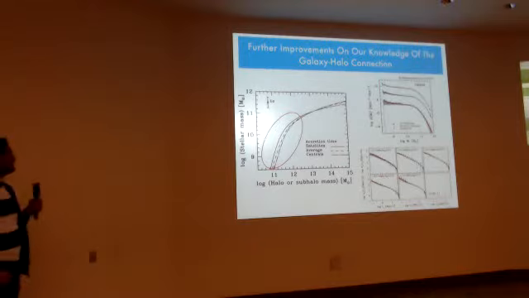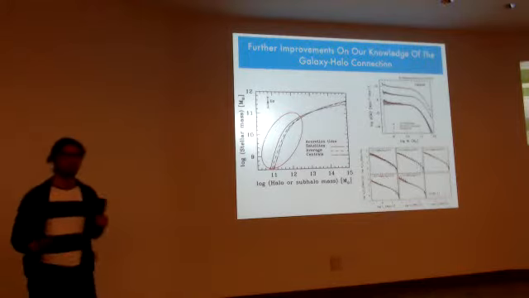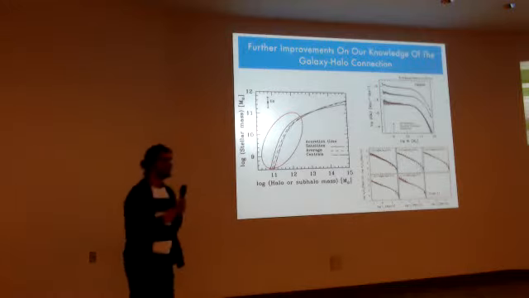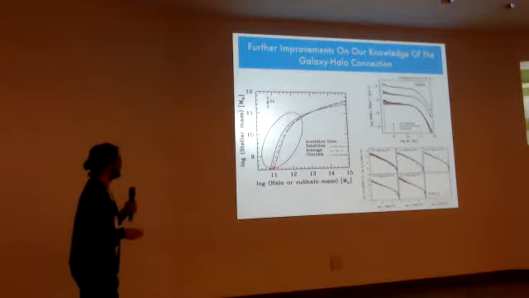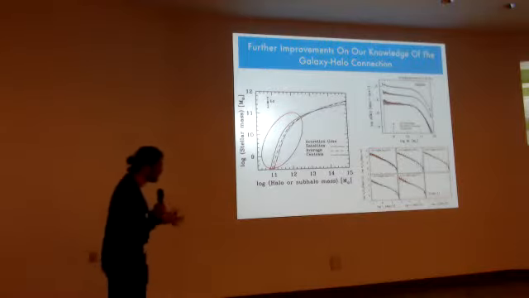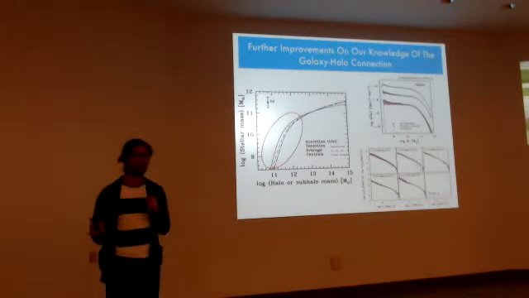One of the other things that I would like to discuss in this talk is that we've been discussing a lot about the assumptions, and in this meeting we've been discussing a lot about abundance matching and how to interpret abundance matching.